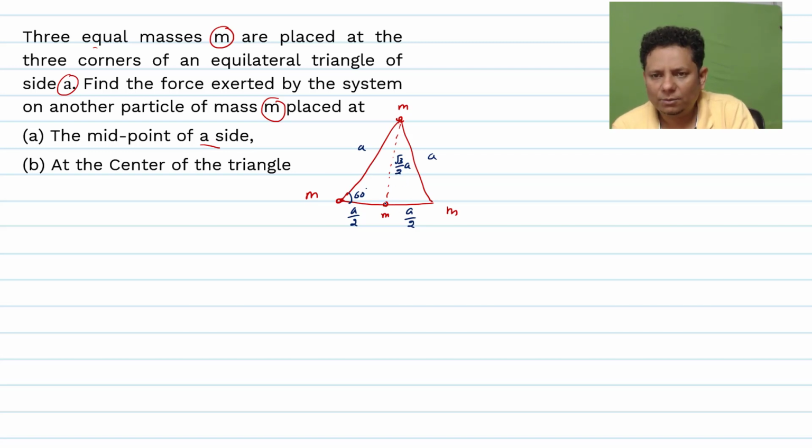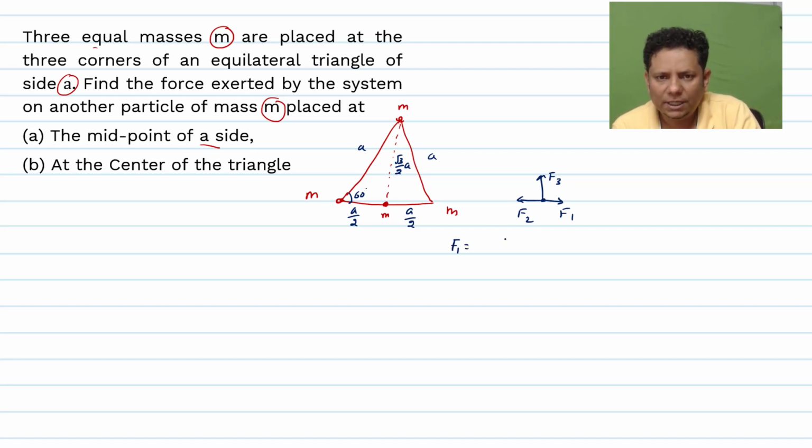Now because of these three masses, one mass will pull it in this way, another will pull it in this way. Let's call this force F1, this force F2, and this force F3. F1 and F2 will cancel each other out, but let's do our calculation.